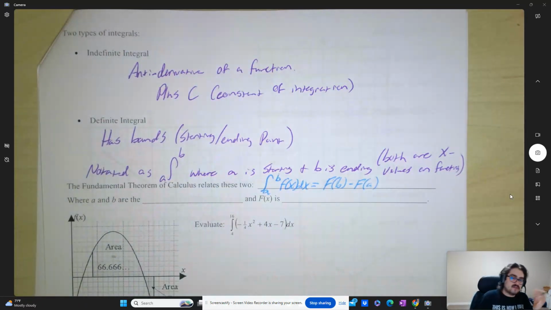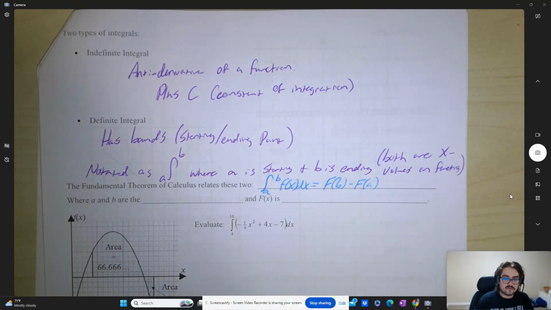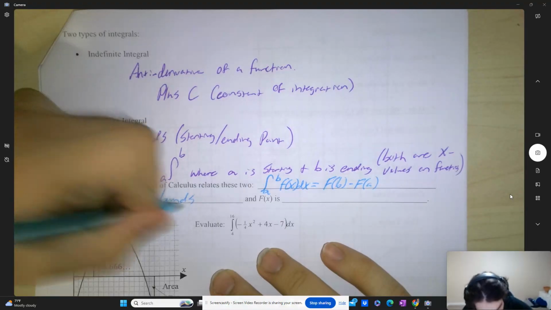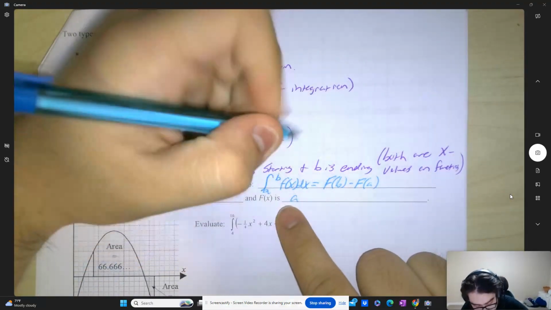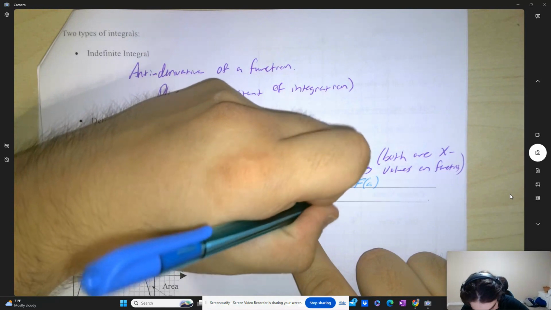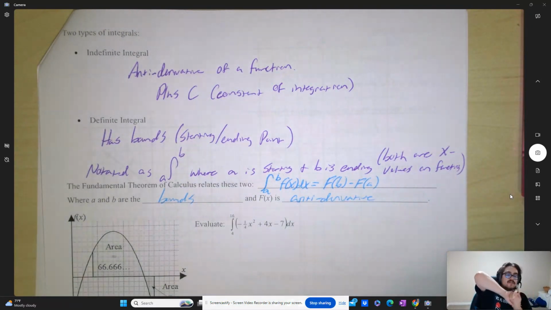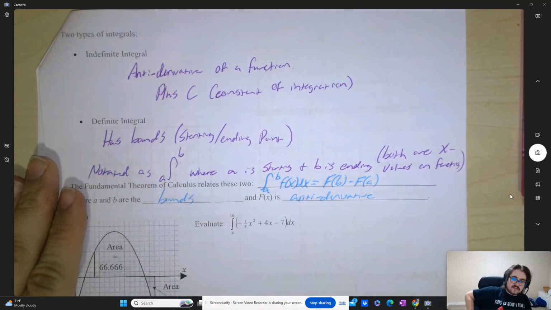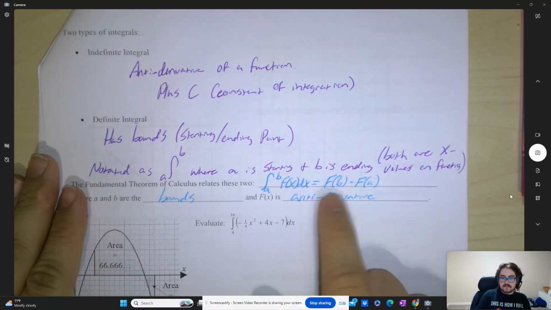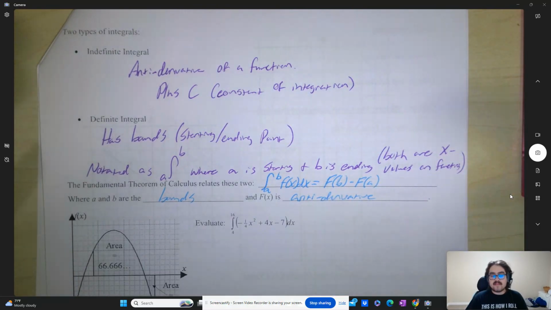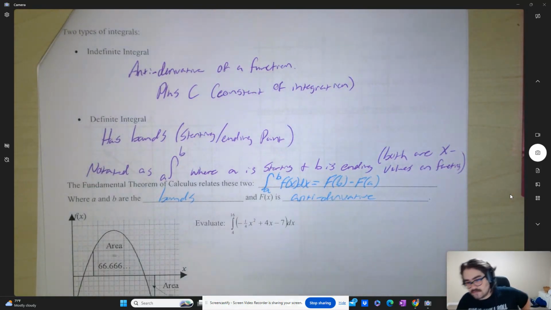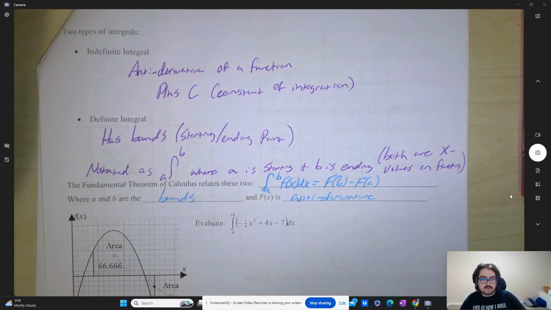Not the function that you're taking the integral of, but rather the antiderivative, capital F of x, with b plugged in. A and b are the bounds. So basically, to figure out the definite integral of something, you take the integral of the function, plug b into the x, and then subtract the same function with a plugged in for the x. It's a lot easier to see in practice, and I'll show you how that works.